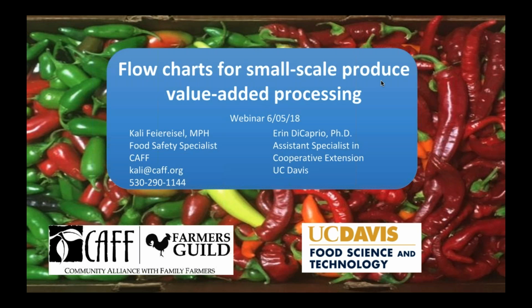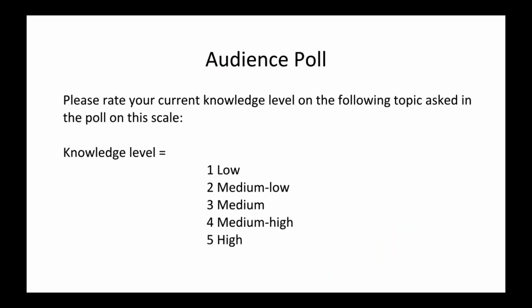We want to get a sense of folks on the webinar today. So we have a couple poll questions that we're going to send out to you right now. So I'm activating this. You should see, well, first I need to advance the slide. With these poll questions, we're asking about your current knowledge level on a few different topics.